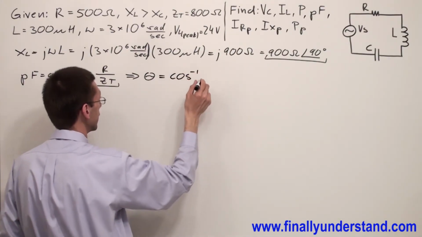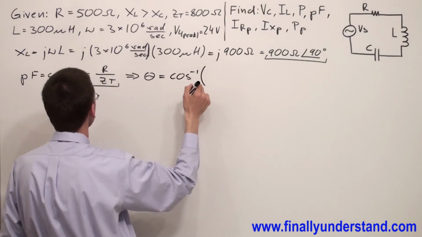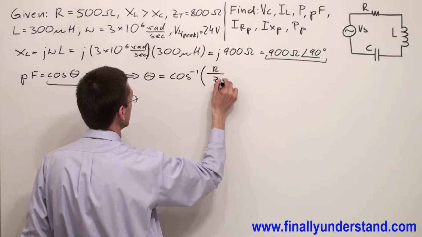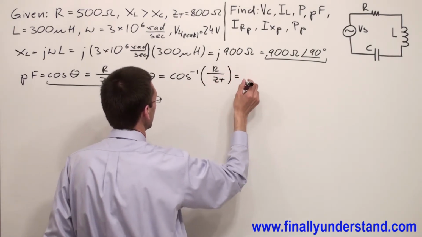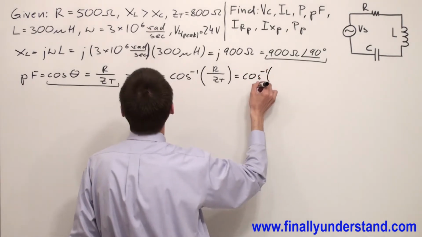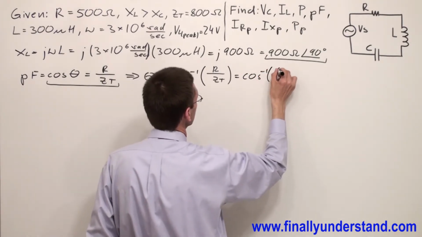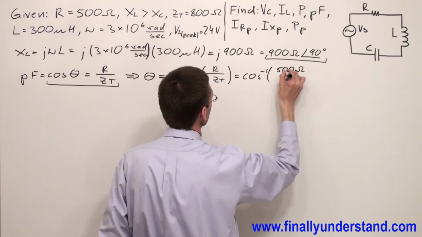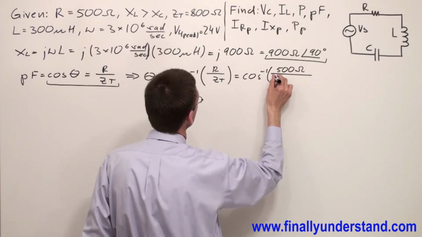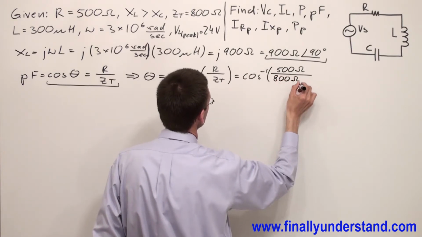So this is equal to angle theta inverse cosine, and I have resistance over Z total, which is equal to inverse cosine, resistance is equal to 500 ohms over Z total, which is equal to 800 ohms.